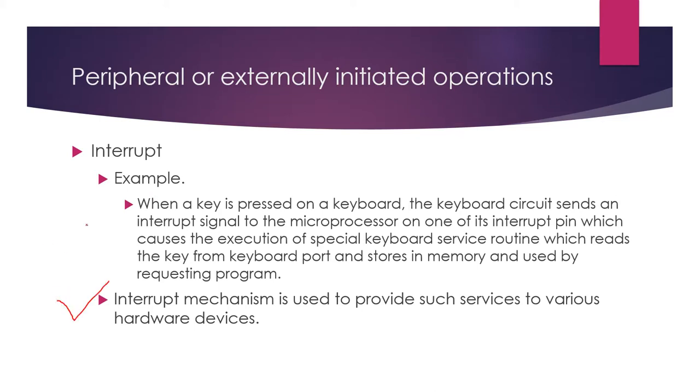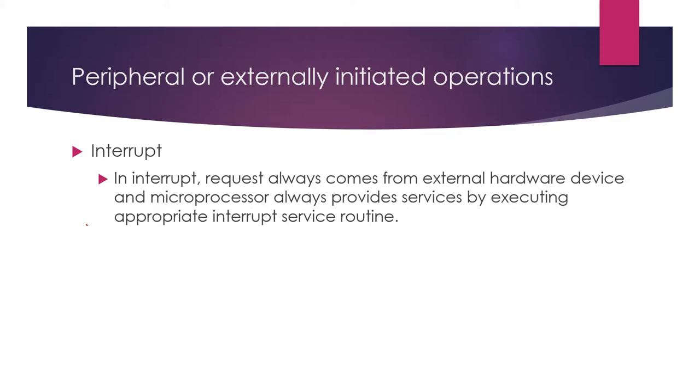Interrupt mechanism is used to provide such services to various hardware devices. In an interrupt, the request always comes from an external hardware device, and the microprocessor always provides service by executing the appropriate interrupt service routine.